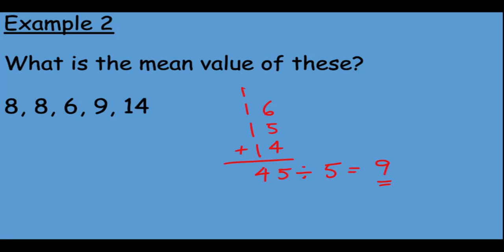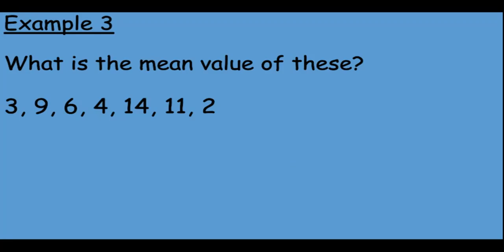So let's have a look at our last example now. Okay, so we've got all of these numbers. I'm going to use a column addition again. So I've got 3 and 9, 12, 6 and 4, 10, 14. I'm going to leave that as 14. And then 11 and 2, 13.